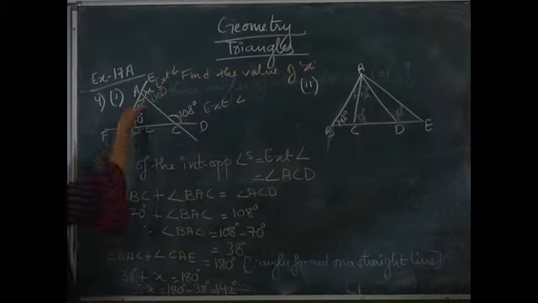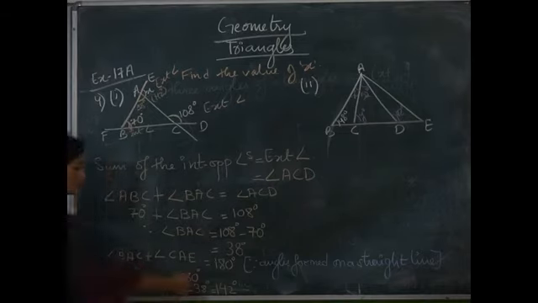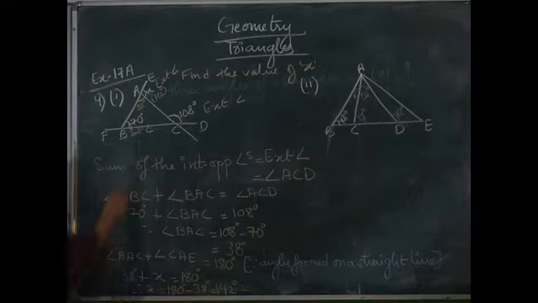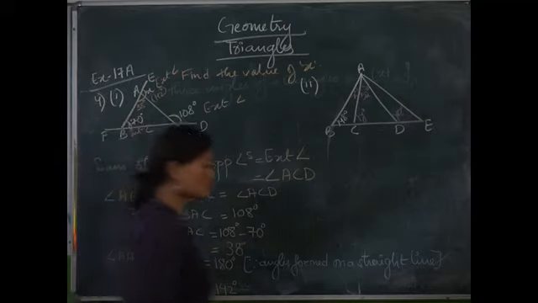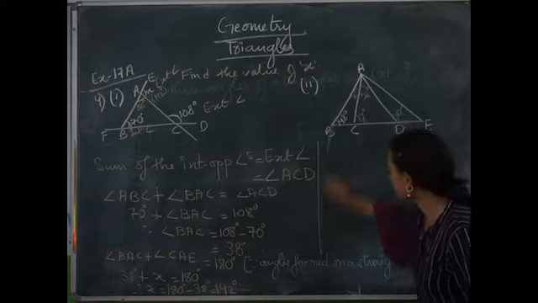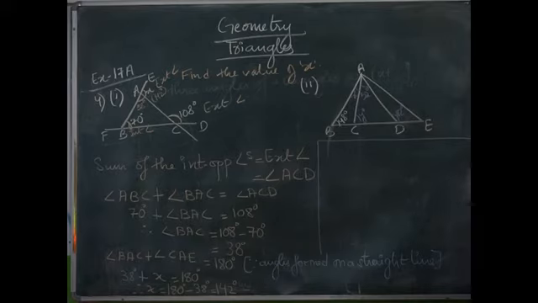So angles which lie on a straight line together make 180 degree. We know the value of this angle, and from there we calculate the value of x. This is how we solve the value of x if a figure is given. The same way we'll be calculating x for this figure, which is your 2.